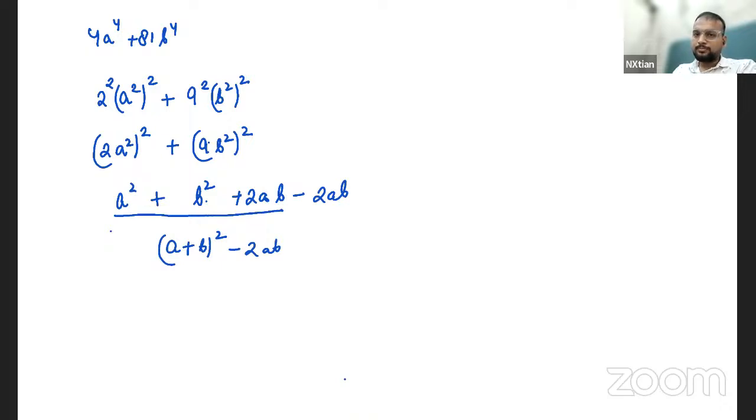Yes or no? Okay. So now if I compare this, my a is equal to 2a square and b is equal to 9b square. So I just have to put the values into this. Okay.